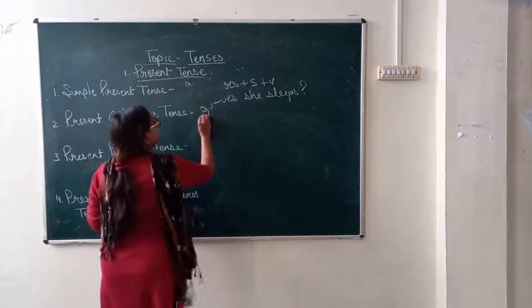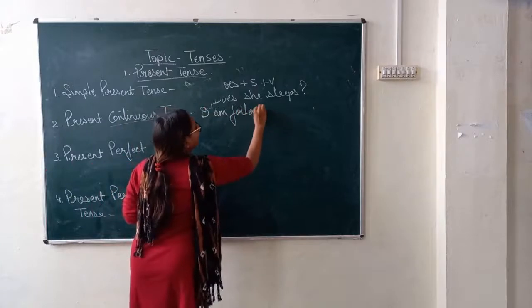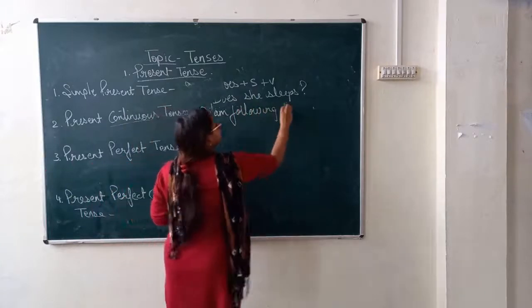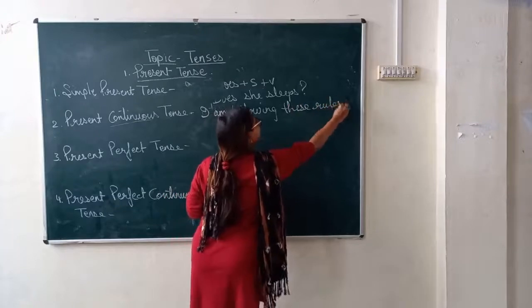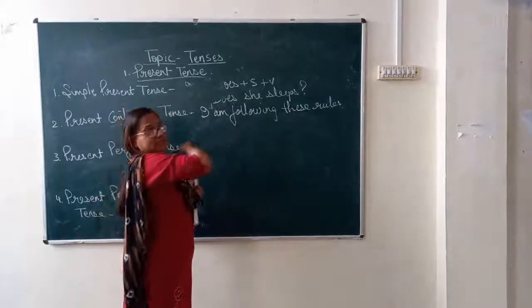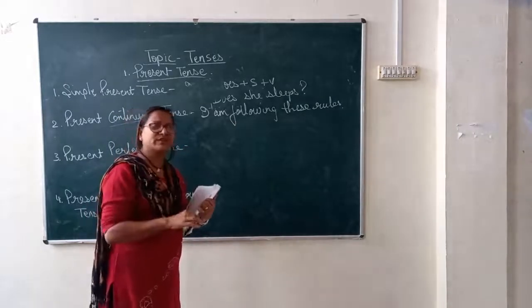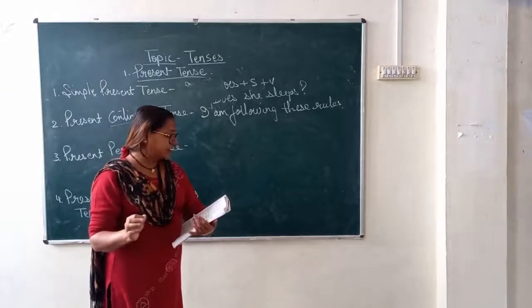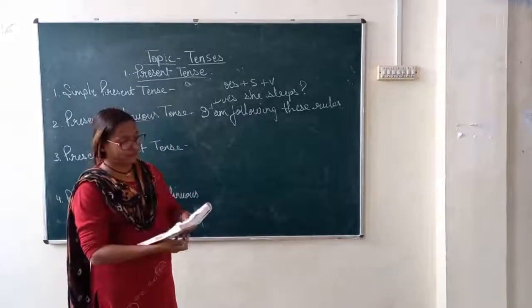For example, I am following these rules. Now here the action is not taking place just now, but it is in process. The action is going on. At present you are not doing it. So you can say it is in temporary form, in the present form.